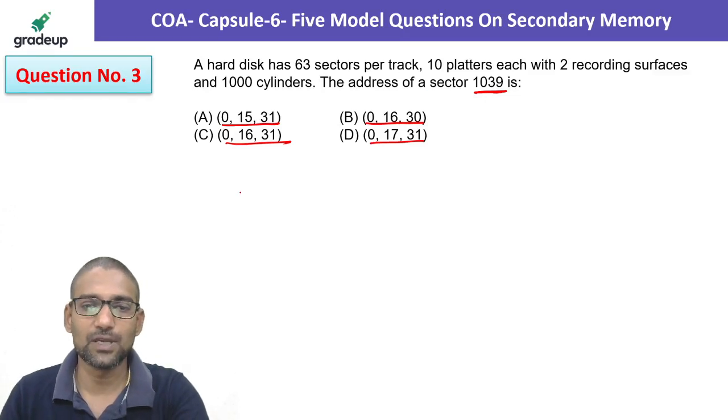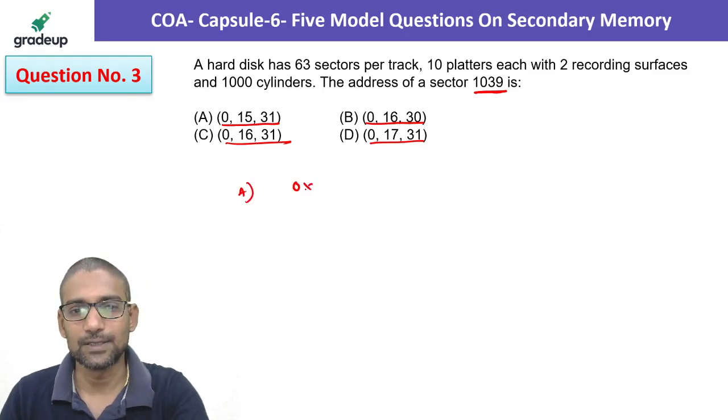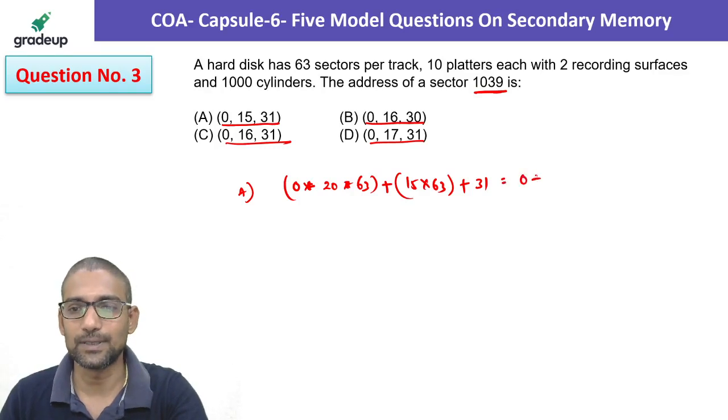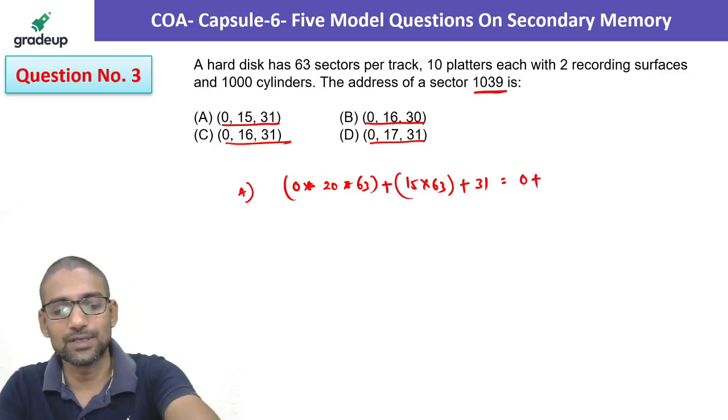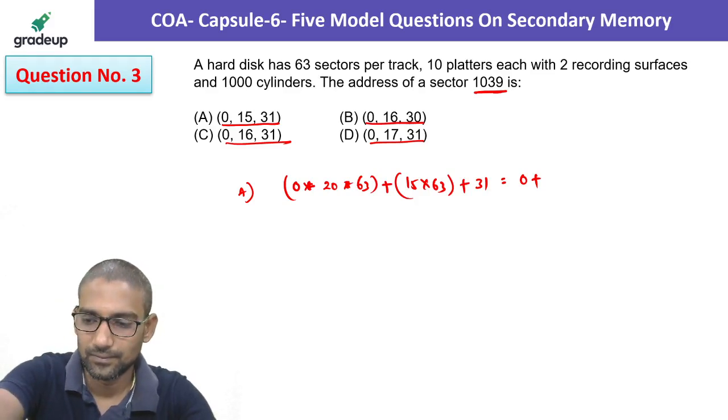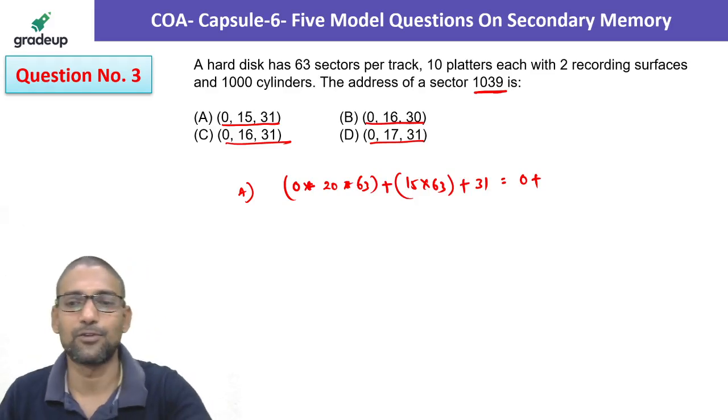So if you see option A, that is 0 into 20 into 63 plus 15 into 63 plus 31. This is 0 plus 15 into 63, which is 945.